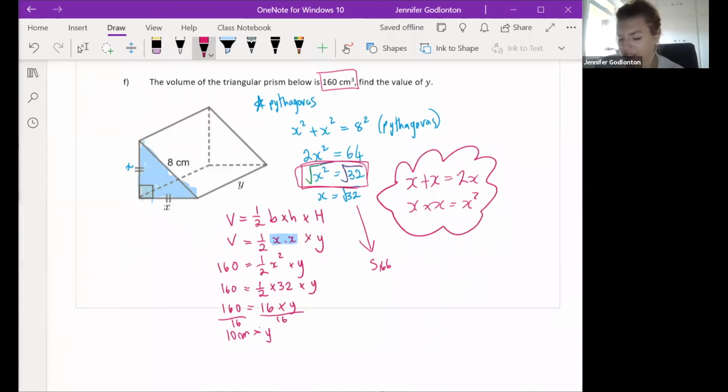If you used 5,66, you would have said 160 divided by 5,66. Then you would have gotten 9,98 or 9,99. And so then you would have gotten your answer.